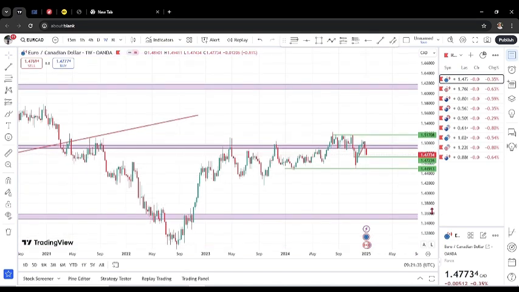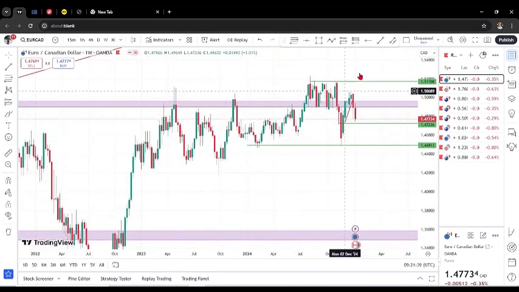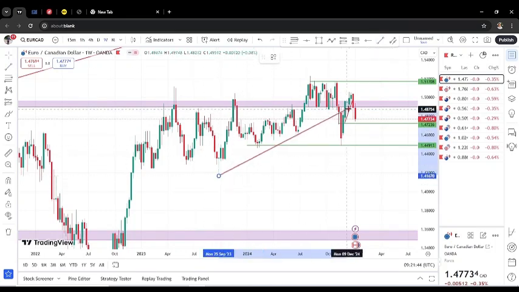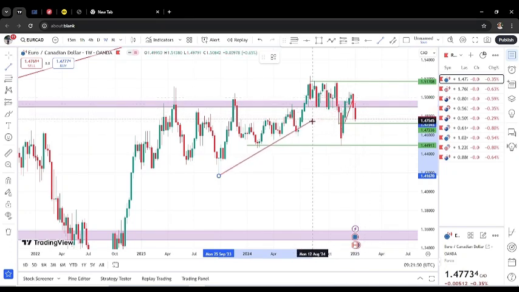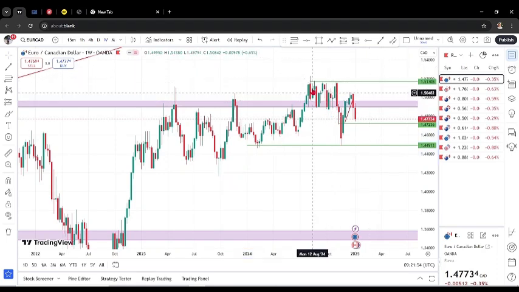So as I scale down to the weekly time frame, you can see there's a trend line this market broke out from. This is just a minor trend line, and there is also a consolidation in the weekly time frame.